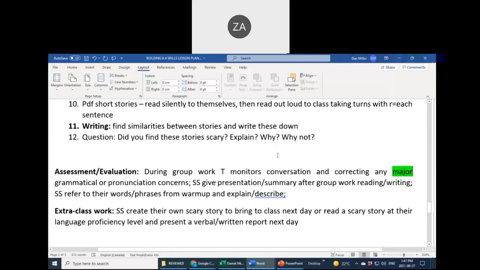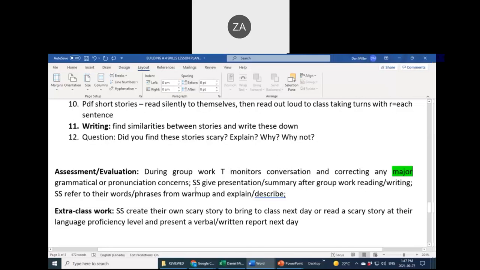But if it's a major issue and it's affecting the communication or understanding of the others, then that's when you can step in and just make some adjustments to help them through that part. And you can say it the way it should be said. They can copy it, and then they will understand it better that way.